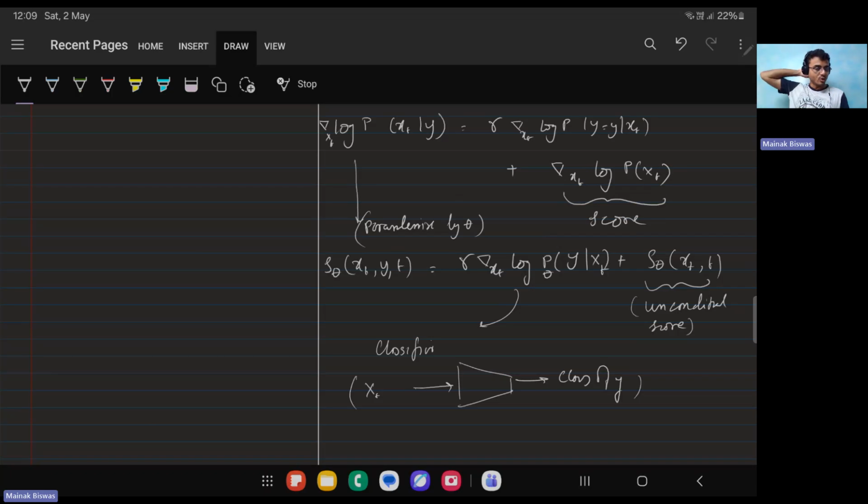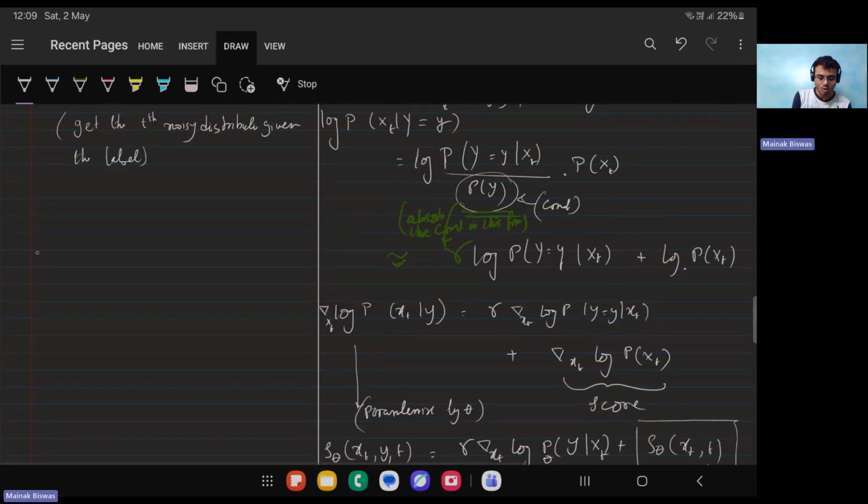So now during inference, this is essentially building this model separately. This model is the classifier, and this is the classifier that predicts class from noisy data. So you train both of these models, and during inference, your xt minus 1 is given by 1 over root alpha t times xt plus 1 minus alpha t over root alpha t times s theta of x comma y comma t, plus sigma squared epsilon.